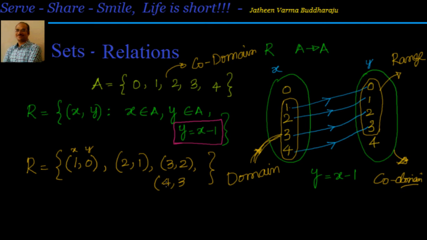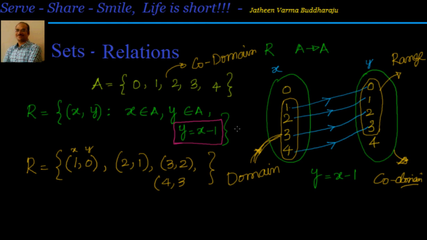These are the elements of the set. So as we have discussed, a relation is nothing but a subset of the Cartesian product where all the combinations of the Cartesian product are restricted by the additional relationship we are trying to establish between the two sets. If I say y equal to x minus 1, we try to link each element of the first set with an element, if possible, in the second set.